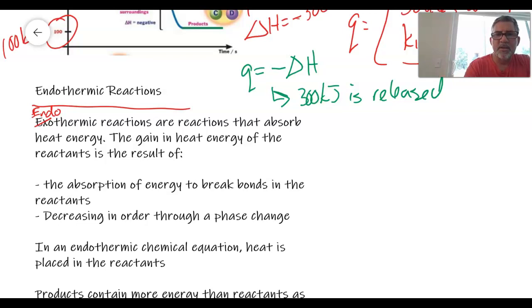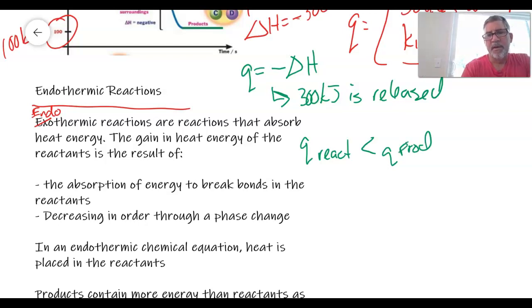So we could say that Q reactants is less than Q products. And then delta H is going to be positive, because our products are going to have more energy.